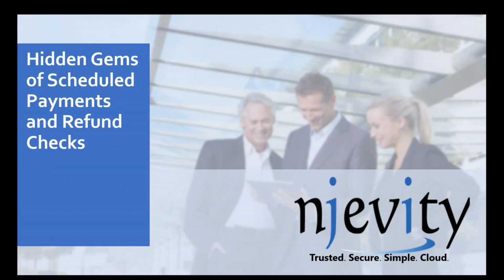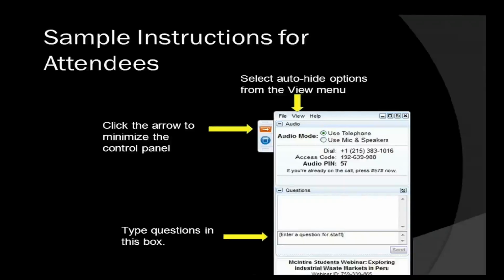Today we're going to be talking about the hidden gems of scheduled payments and refund checks and vendor consolidations all at the same time. Before we begin, I do want to remind you that we are using GoToWebinar. So using the GoToWebinar pane, you can type in questions, you can type in chat. I also want to point out that a copy of today's slide deck is available in the handout area.